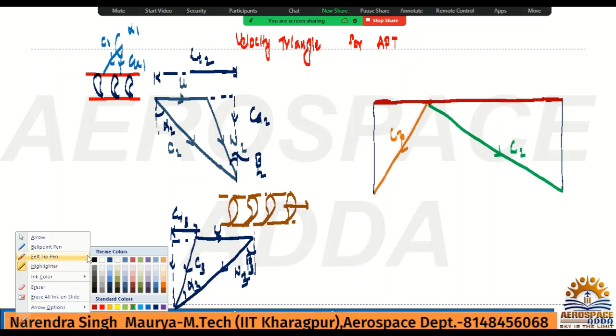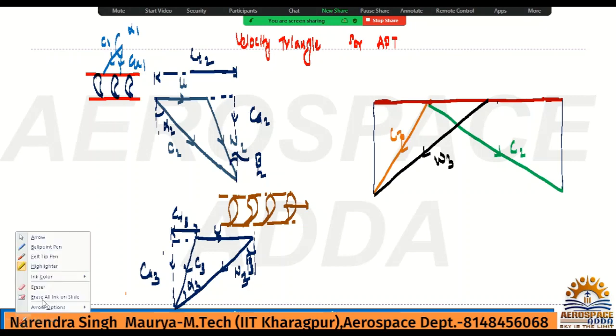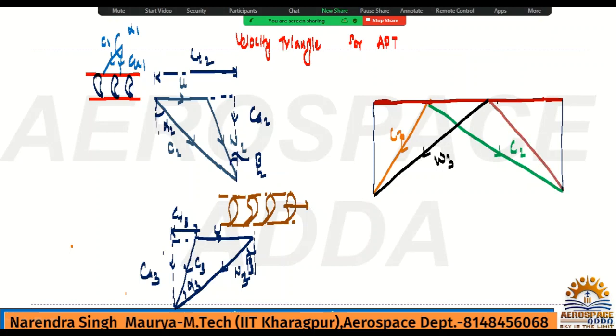Now we can have this is the relative velocity, which is nothing but W3, and this is the relative velocity for the inlet triangle.